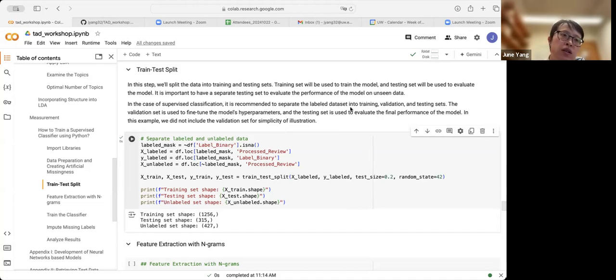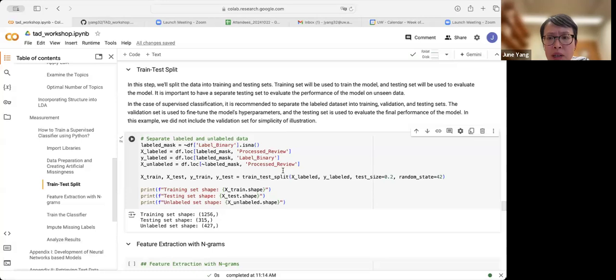After we fine-tune it and examine how it performs on our validation data set, we use the test set to do the final evaluation of the performance of the model. In this example, however, we did not include a validation set, both for the simplicity of how we illustrate the process, and also because our data set is inherently pretty small, and I've included a lot of variables here.